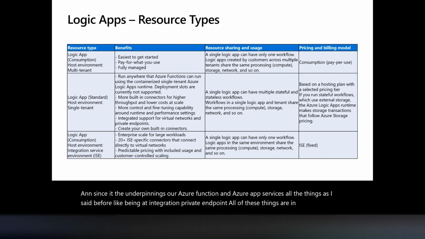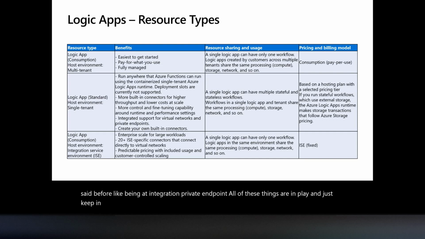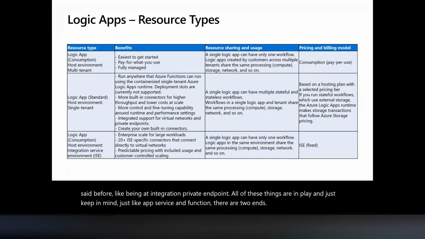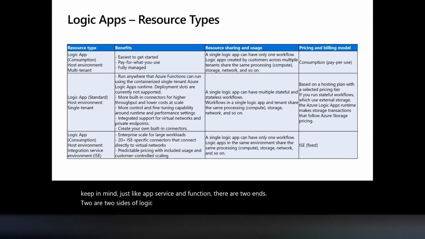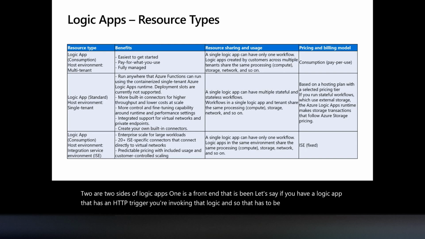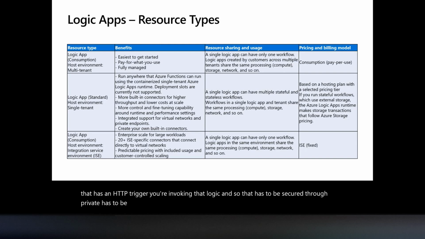And just keep in mind, just like App Service and Functions, there are two sides of logic apps. One is the front end, that is when, let's say, you have a logic app that has an HTTP trigger, you are invoking that logic app. So that has to be made private through a private endpoint.